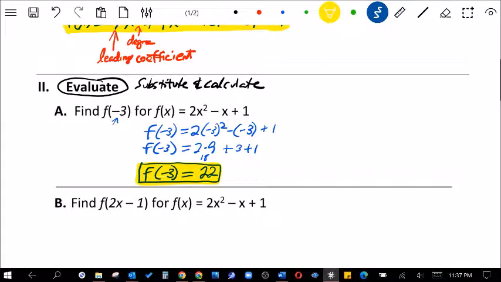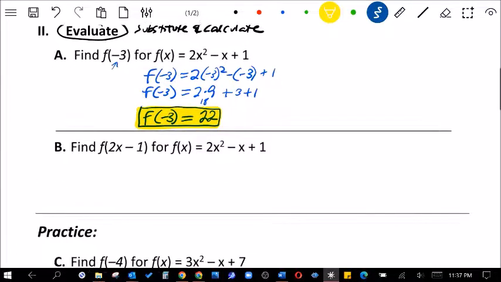Now, this next one has the same concept, but now we're going to put a binomial in place. So it's f of x is equal to, actually, it's not x. So it's with the polynomial. In place of x, we have 2x minus 1. It has an x in it, but it's not the same as just the x.